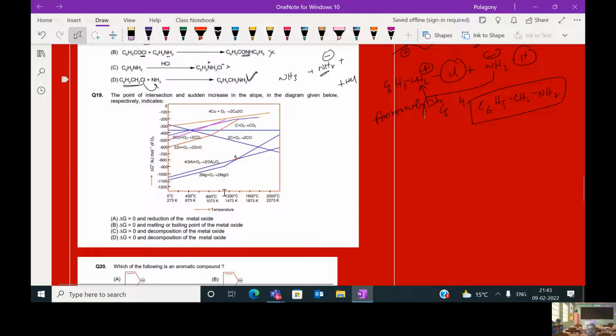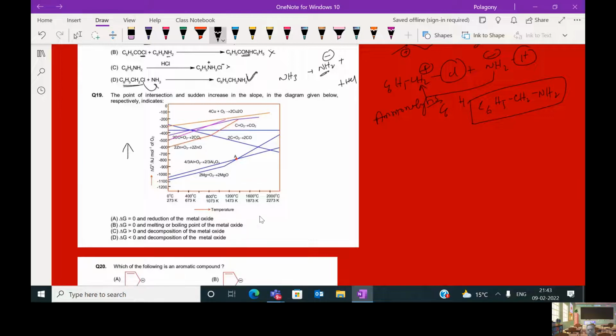So here this is the aluminum diagram, where delta G is shown on one axis and temperature on the other. The A point is the intersection point. At this point, delta G becomes 0. That means delta G is 0 at the melting and boiling point of the metal oxide.